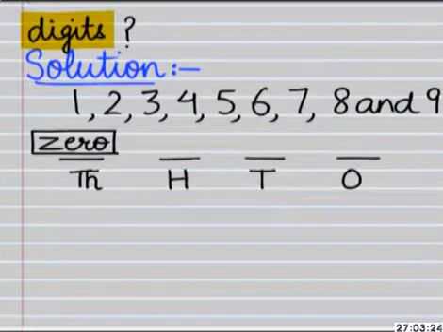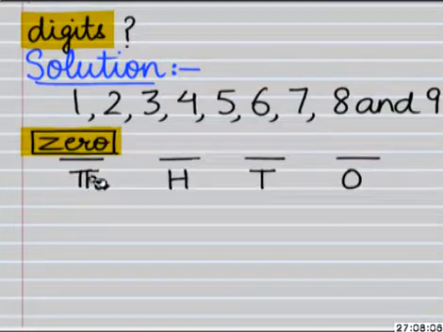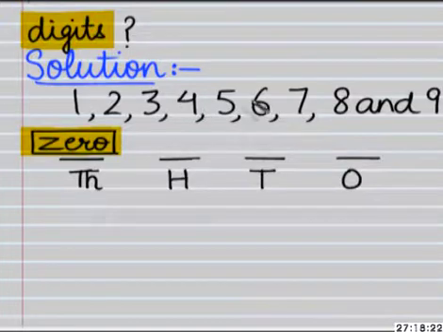So, when 0 is fixed at the thousandth place, we have to arrange remaining 9 digits, that is 1, 2, 3, 4, 5, 6, 7, 8 and 9 by taking 3 at a time.